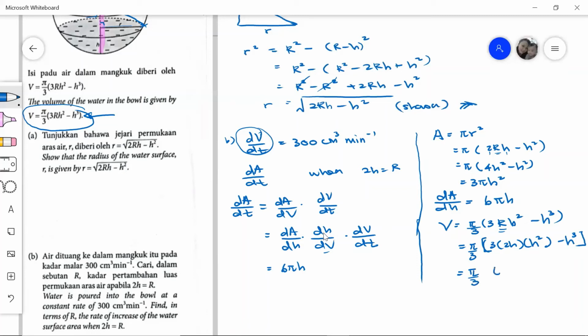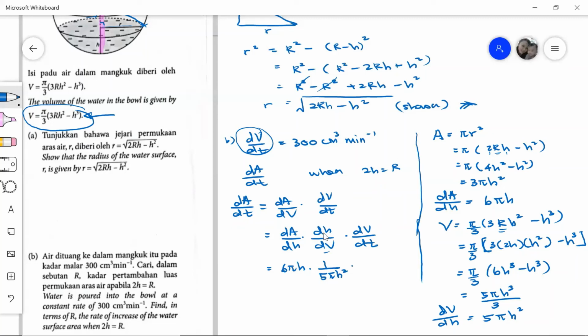We have 6h cubed minus h cubed. Therefore, we have 5 pi h cubed over 3. So dV by dh will be 5 pi h squared. So we found dV by dh, but the one that we want to use is dh by dV. So write in its reciprocal, 1 over 5 pi h squared.